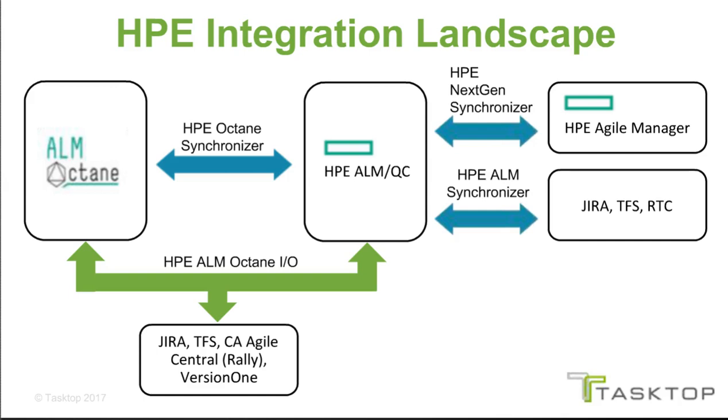If I currently use the ALM Synchronizer with Jira or TFS, can I import my mappings to the ALM Octane IO? No, you can't import the actual configuration, but a lot of the hard work that comes with implementing an integration will already be done for you.